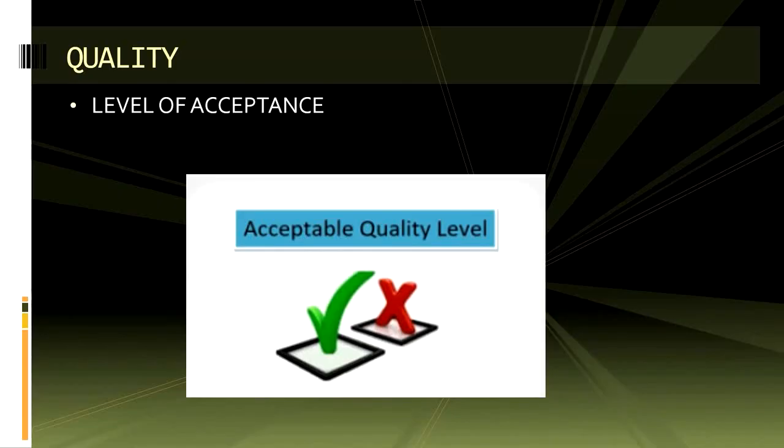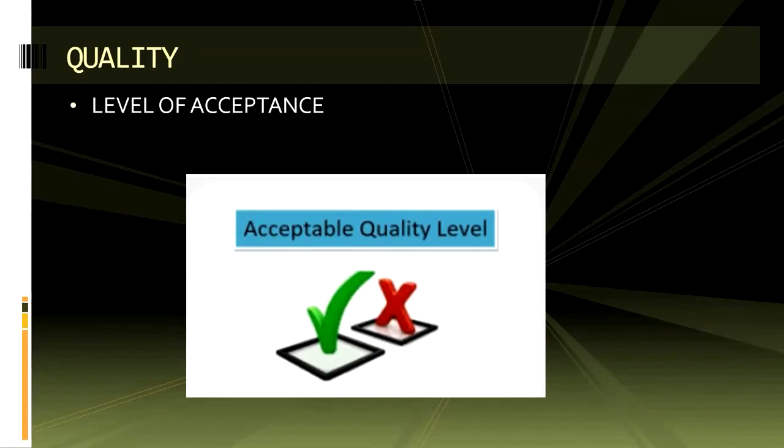When we achieve the acceptable quality level, we say that the quality of that garment is achieved. We can use that garment or ship it to other countries. That is why the level of acceptance is very important.